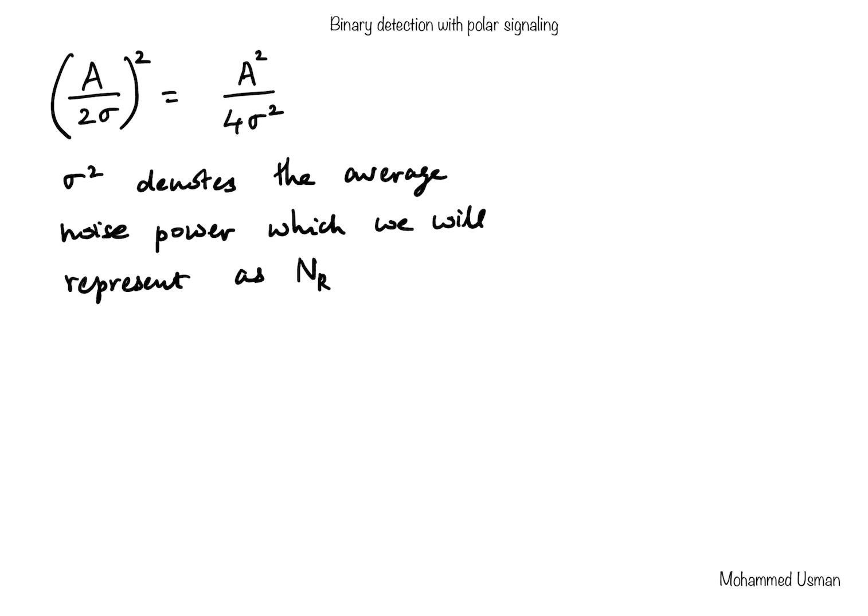So that's the noise power, which we'll call NR. So we can write this expression as A square by 4 times sigma square is nothing but A square by 4 times NR. And then I'm going to split this further. A square by 4 is A square by 2 into 2 times NR.